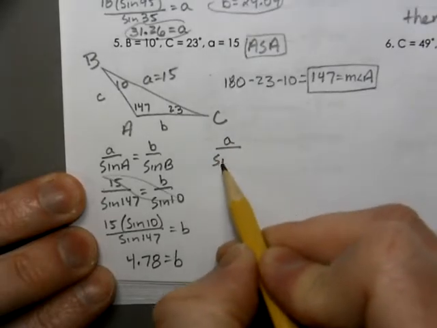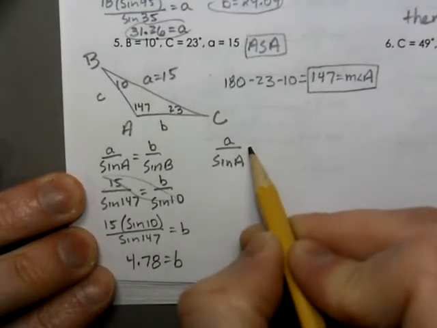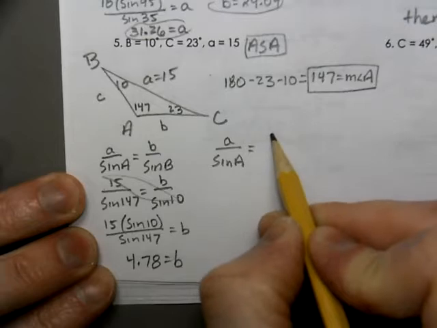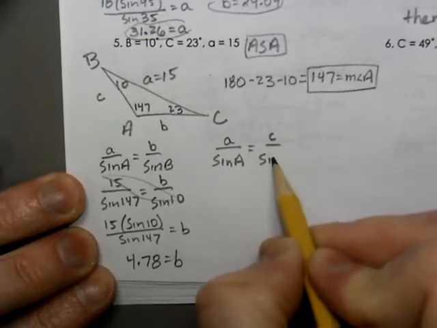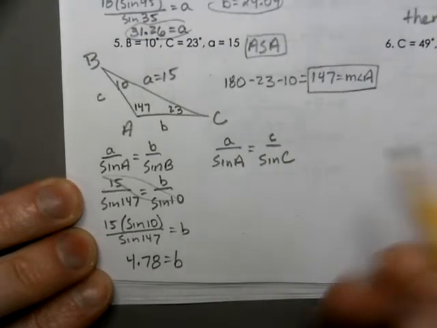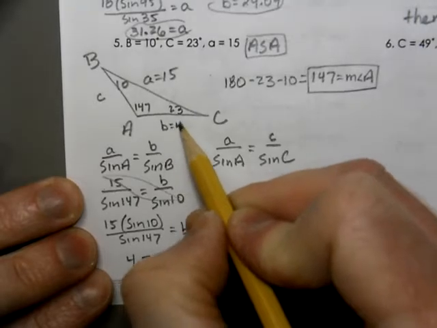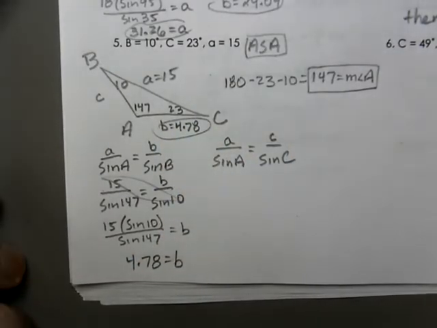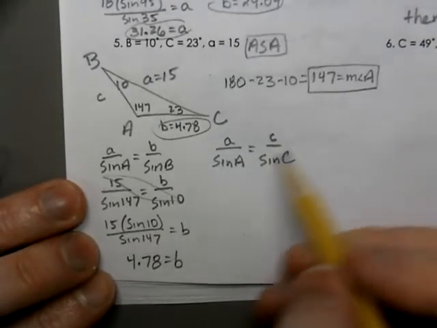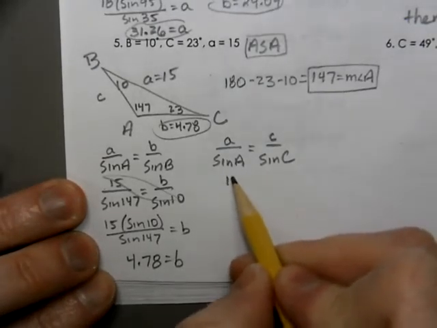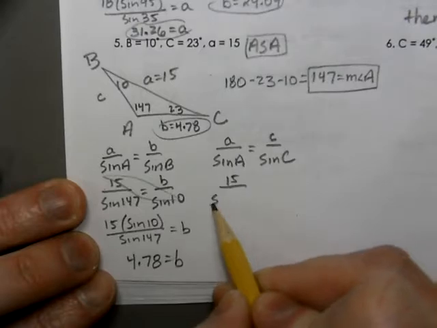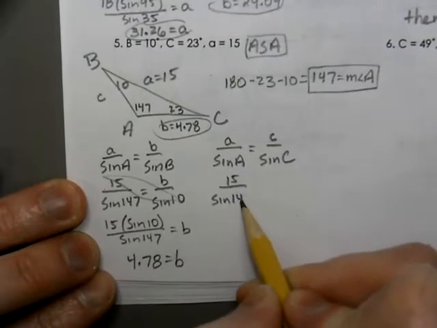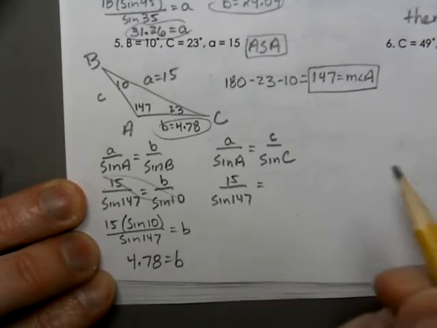Then I'm going to look for the other side. Looking for side C. If side B is 4.78, so I plug in my numbers. A is 15, sine of 147.